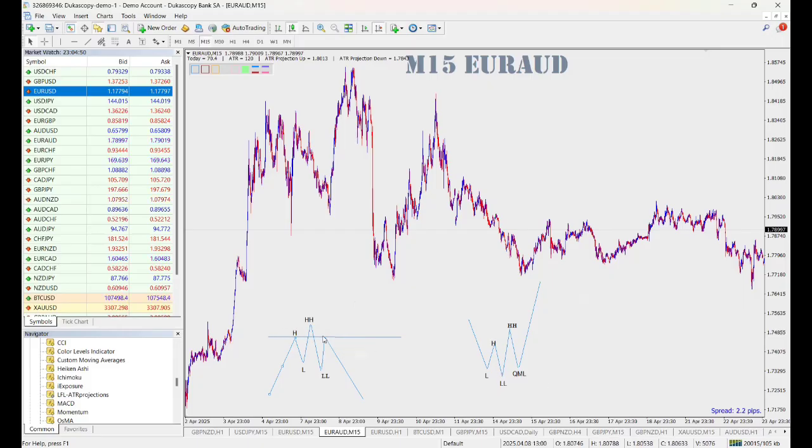Typically, what makes a Quasimodo a higher probability trade is when we see the higher high and the lower low coming out of a flag limit or a zone. So in this case, we want to see price hit our zone here, make the higher high here before making a lower low. Then we come back and then we push down.